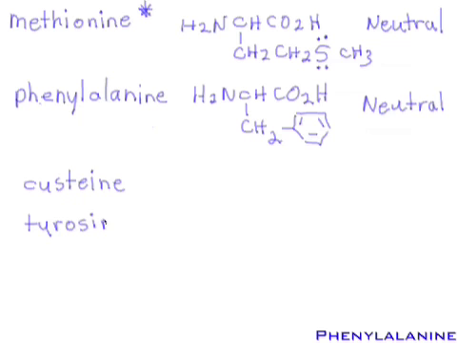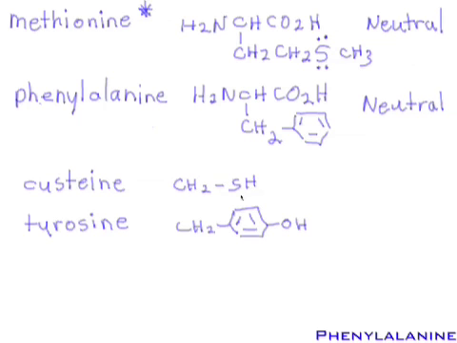Tyrosine is just phenylalanine with an OH off of the aromatic ring. Tyrosine has a CH2 as your R group, phenyl, OH. And cysteine has a CH2 SH.